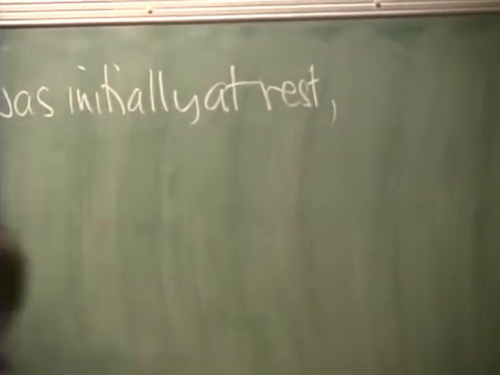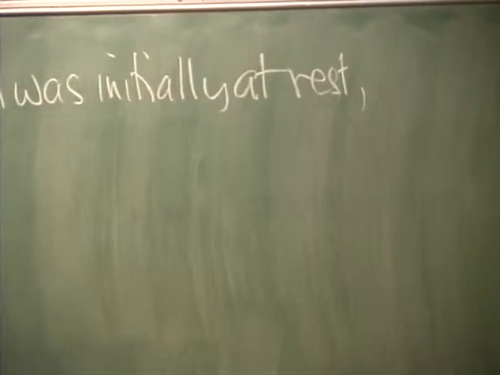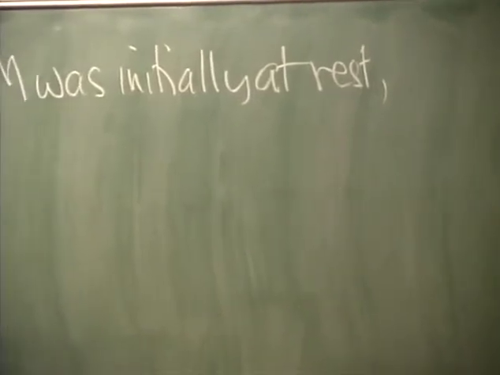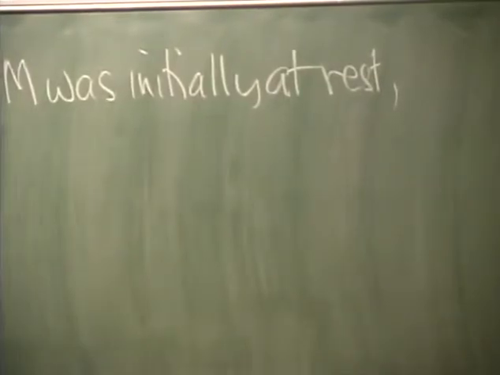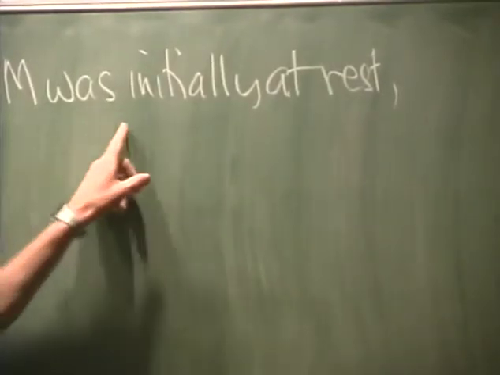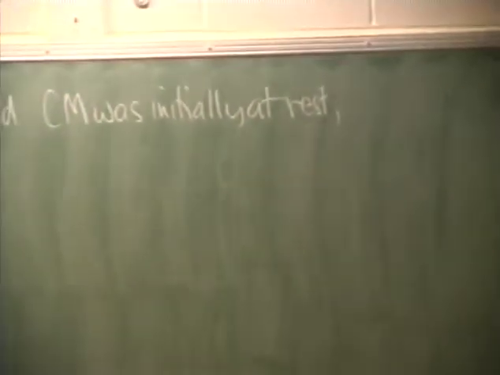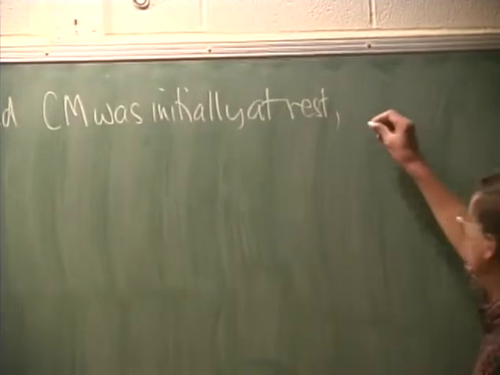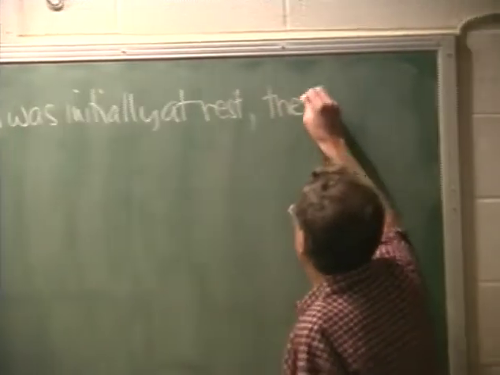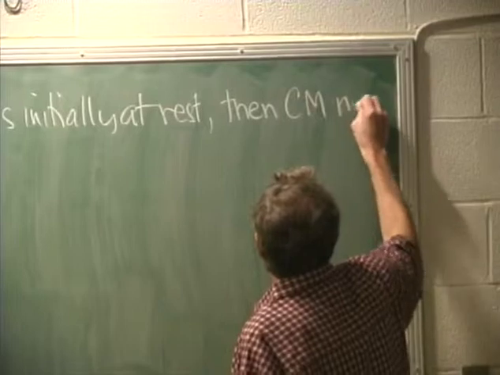Because if F external is equal to 0, then the mass times the acceleration of the center of mass is equal to 0. So the center of mass is moving with constant velocity. But if its initial velocity was 0, then it stays 0. So where are we? In particular, if F external is equal to 0 and the center of mass was initially at rest, then the center of mass never moves.